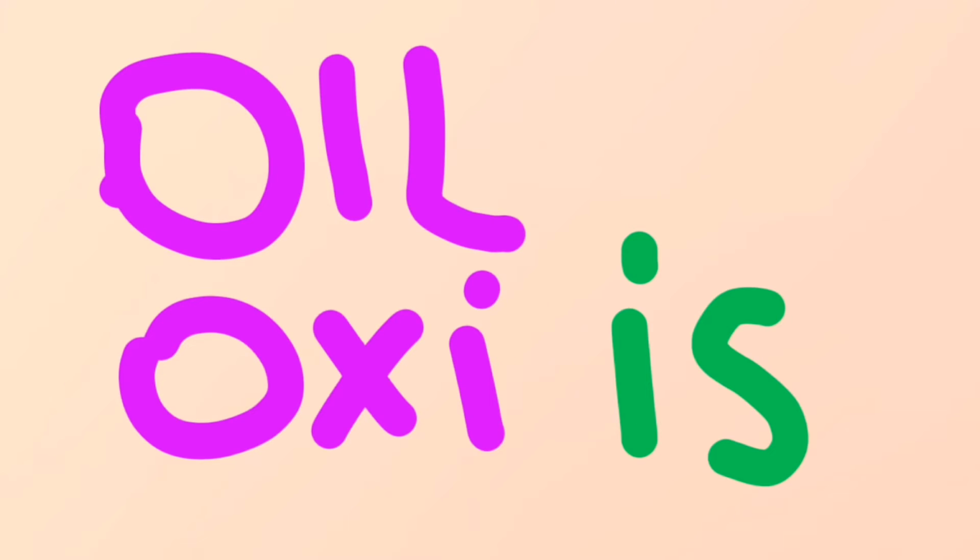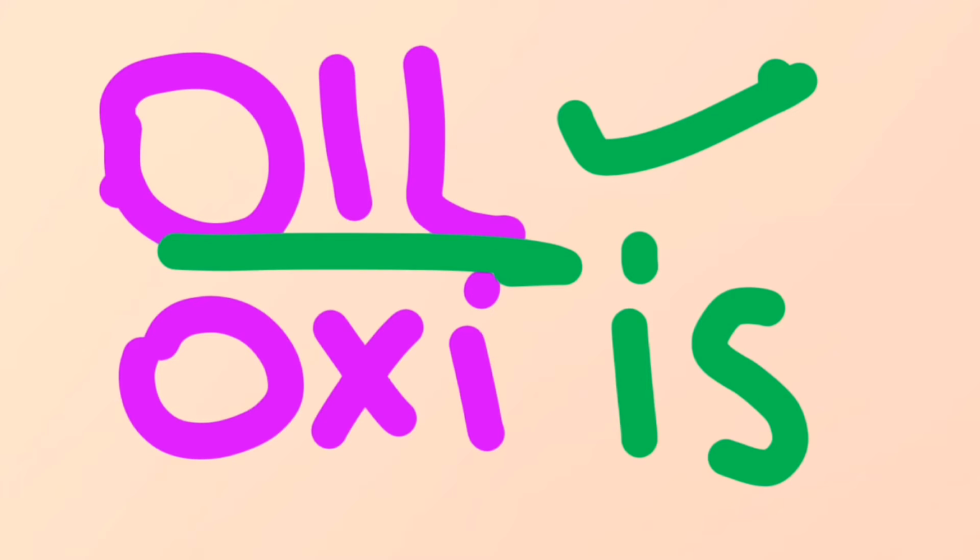The word I told you was oil. O stands for oxidation, I for is, and L for the loss of electrons. By this word oil, you can easily remember that oxidation means the loss of electrons.